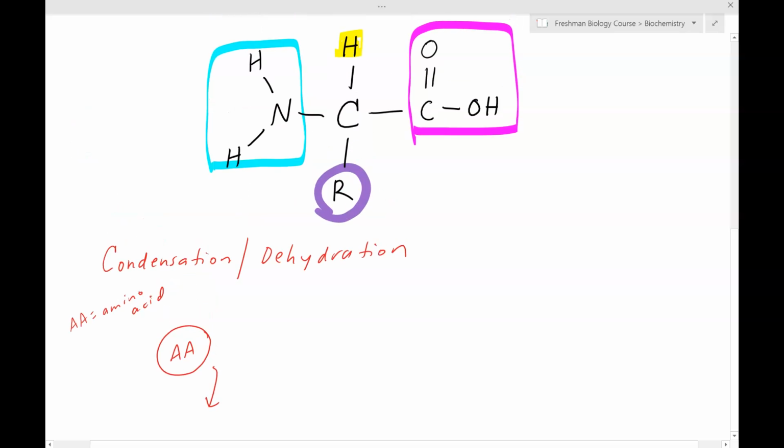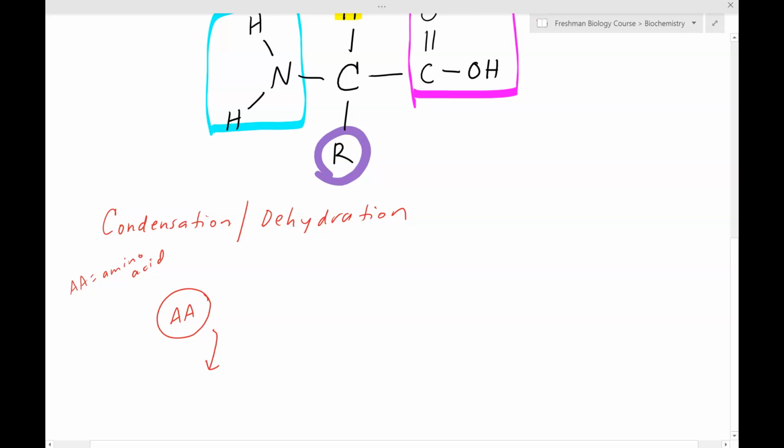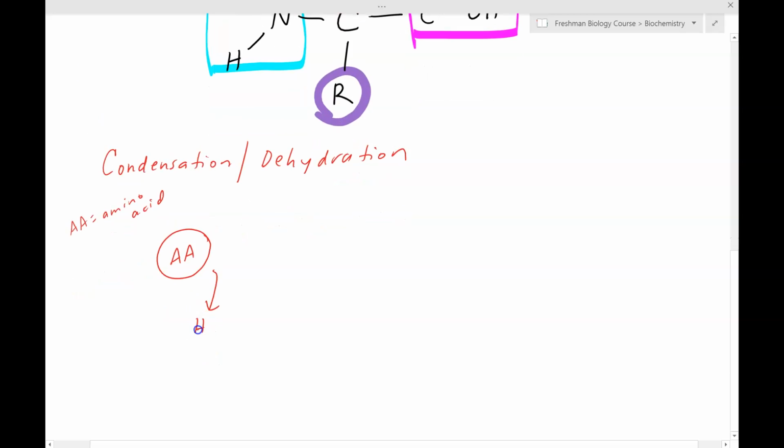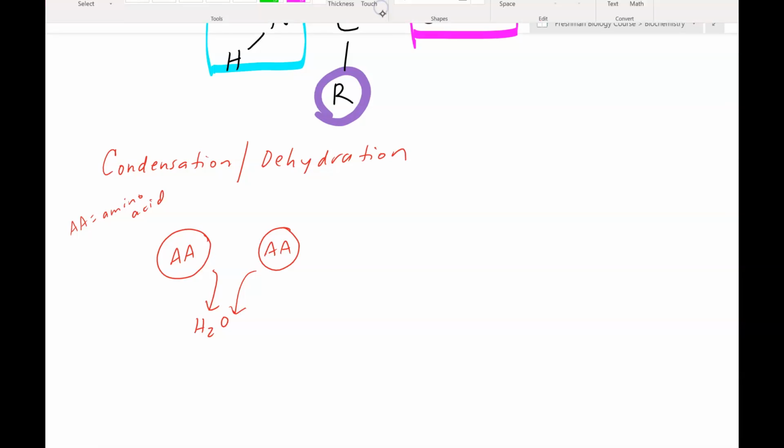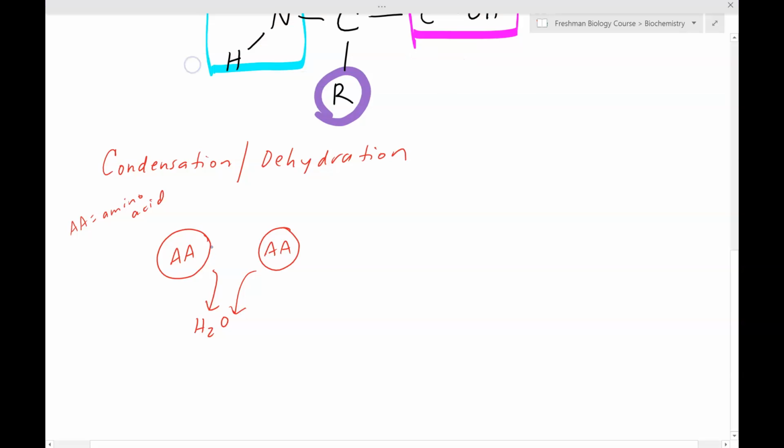And you can see here we have a spot for that, so the water comes out. Here's another amino acid, all right? So this water comes out. And then we do need to know the name of the bond that bonds two amino acids together in this condensation or dehydration reaction, and that's going to be a peptide bond.